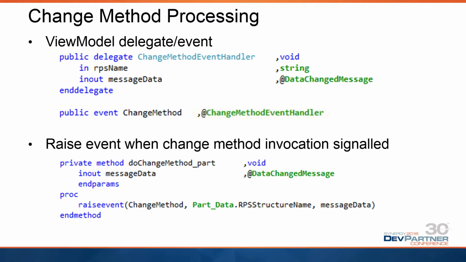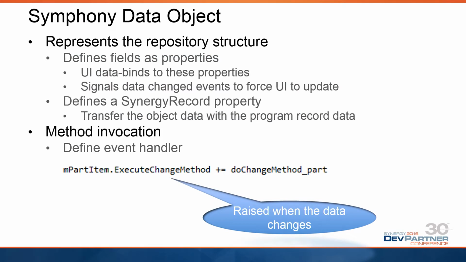So that at the top saying what can happen and how it will look when it happens. The bit at the bottom is your code that says this is what will happen when that happens. Okay? So there's my doChangeMethod_part. So the top bit is saying this is what it's got to look like. This is the signature. So the signature of doChangeMethod_part has to match the delegate defined by this execute change method, essentially.